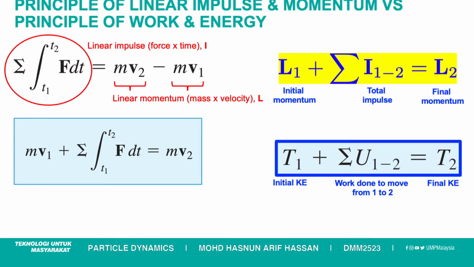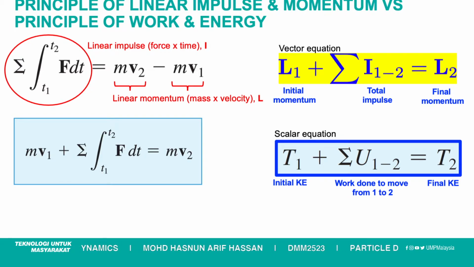The difference between these two principles is that the principle of work and energy is a scalar equation, whereas the principle of linear impulse and momentum consists of vector quantities, and therefore it is a vector equation. So these are the differences between the two.